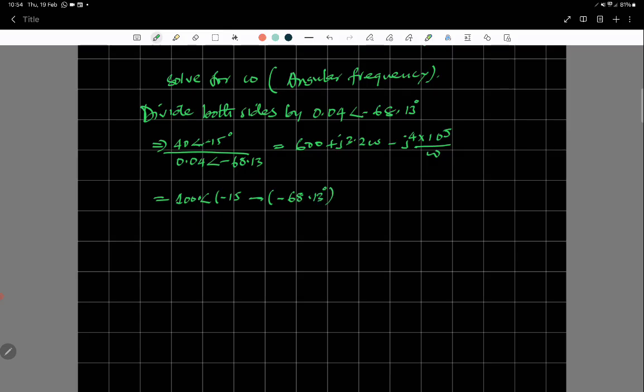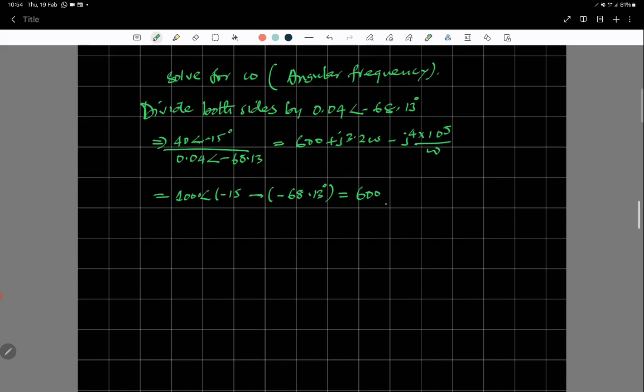Now this is a matter of mathematical simplification. We are getting at the end of this question, which is equal to 600 plus j 3.2 W.